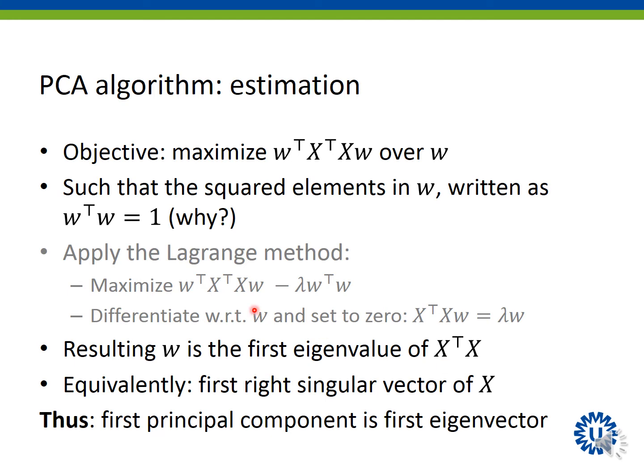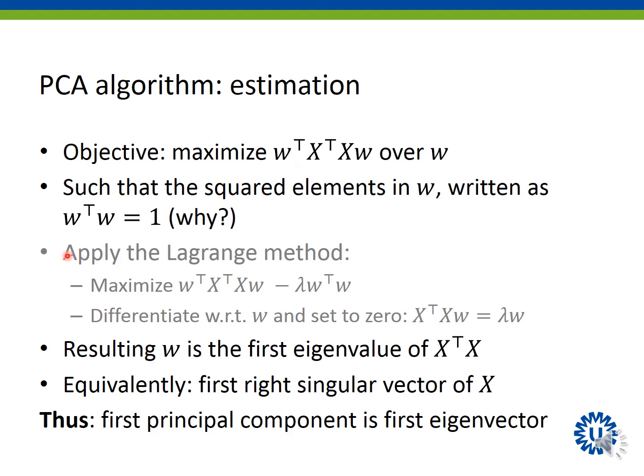The optimization problem is as follows. We want to maximize this sample variance of Xw over all w. However, we do require that the squared elements in w, so the sum of the squared weights, sum up to 1. Why is that? Well, that's actually an exercise later on.